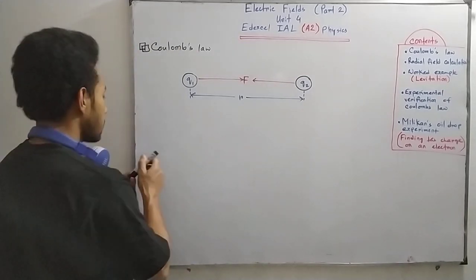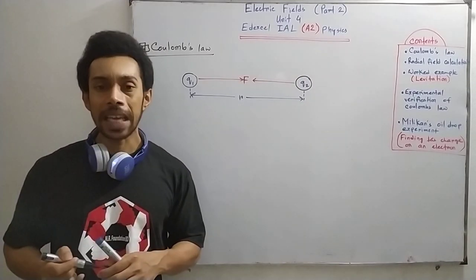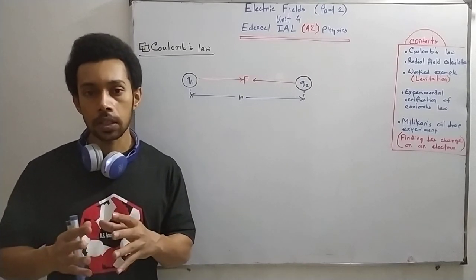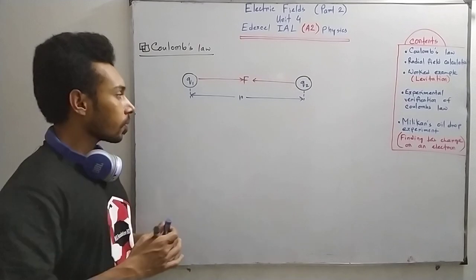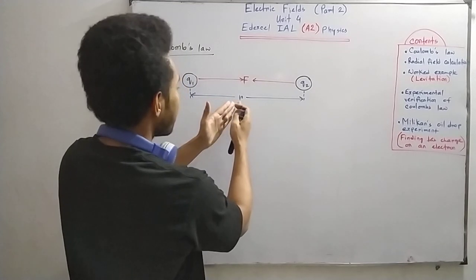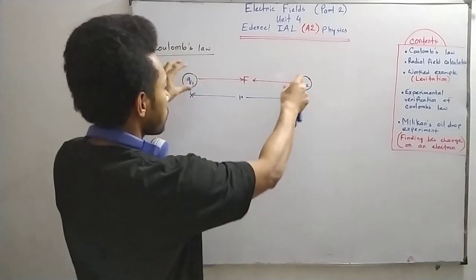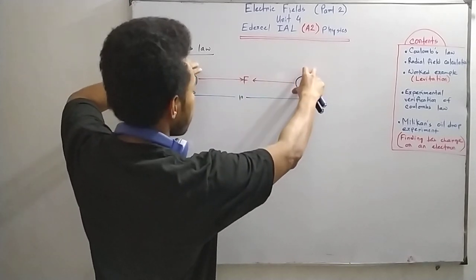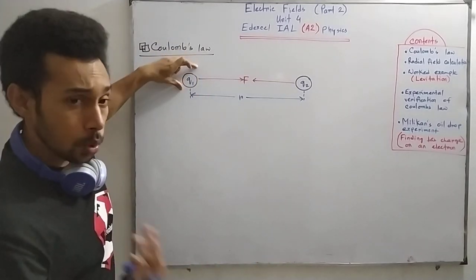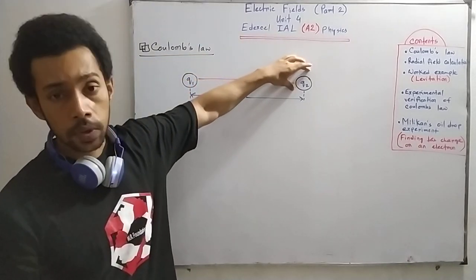First, we are going to study Coulomb's law. Before stating the law, I want you to understand what the law actually means. For example, we are considering two charged objects or two charged particles with a separation r between them, and one object or particle has charge q1 and the other has a charge of q2.